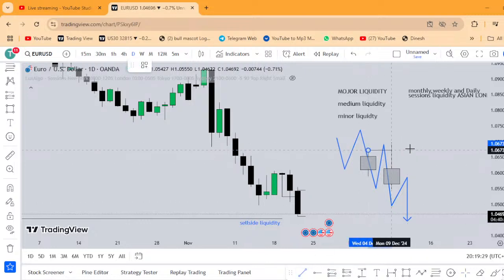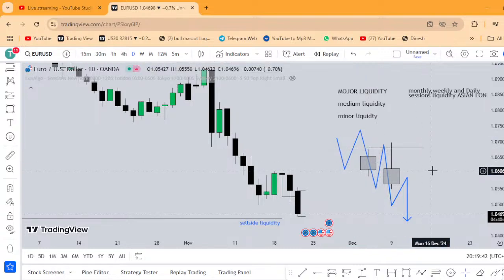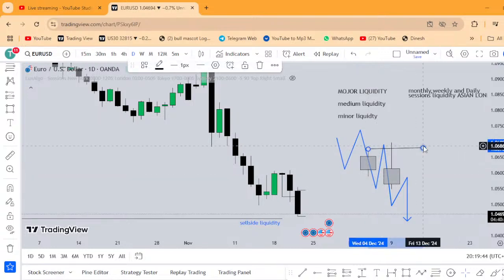So this will be a liquidity model because price has used a sweep of liquidity of the previous day's high to sell. Means that we have taken the previous day's high and then our price is going to sell short. So this is a liquidity model.